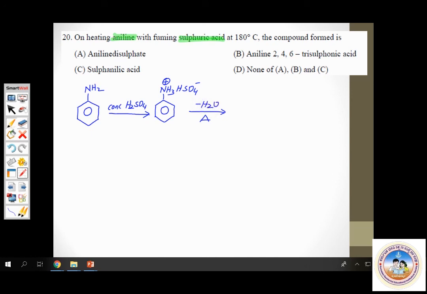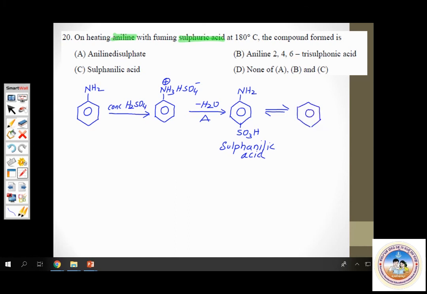Thus it gives you this compound. NH2 group remains and then you have the SO3H sulfonic acid group attached here, water lost. This is the compound called sulfanilic acid. And this exists in Zwitterion form.